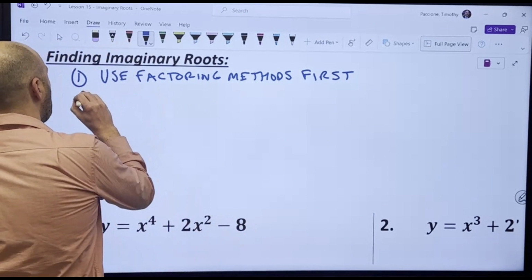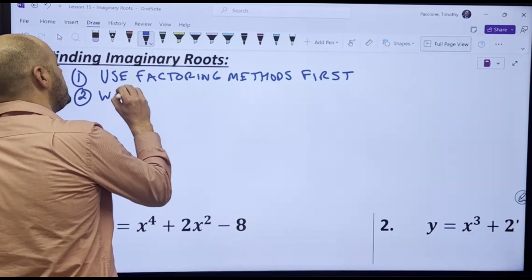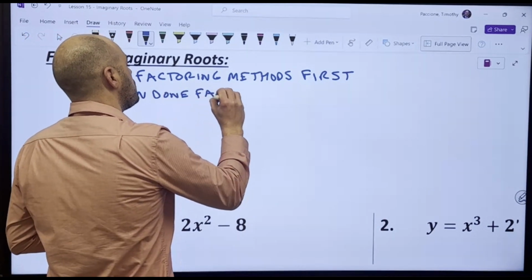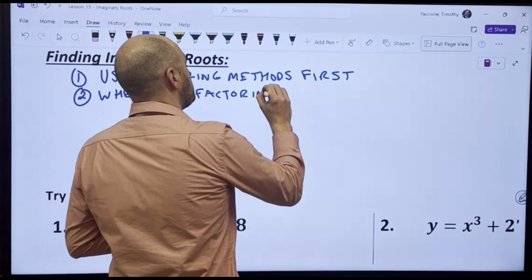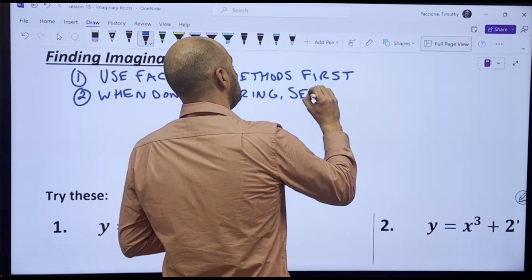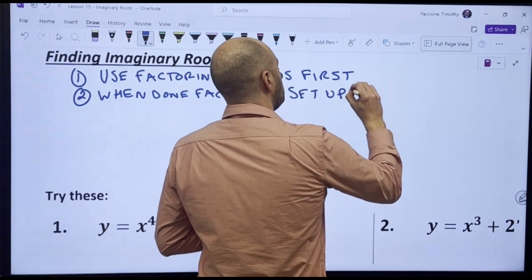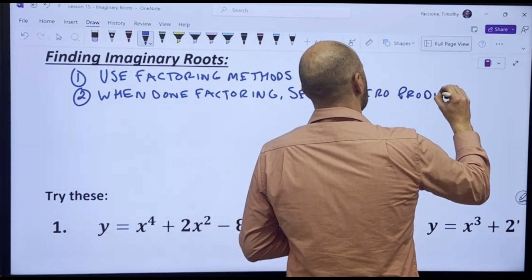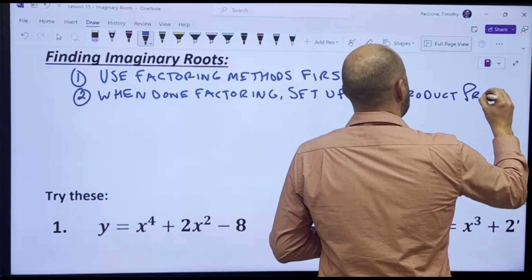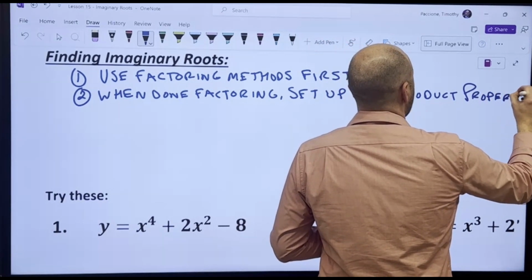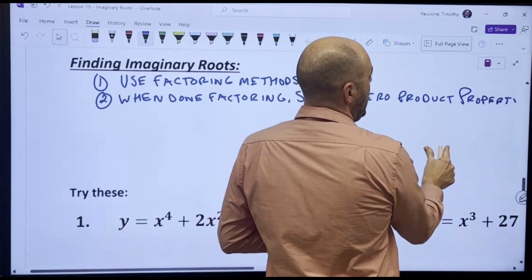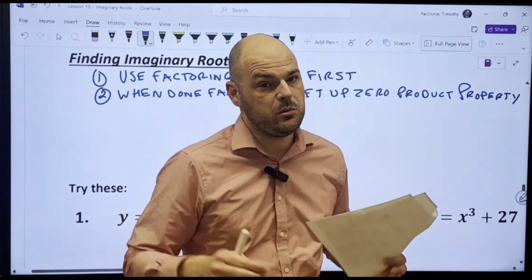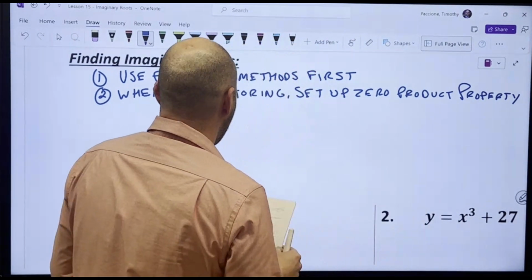And then when we can't factor anymore, we set up the zero product property. Set everything equal to 0 that is a factor, right? Even if we're not fully factored, even like if in our example we have a binomial and then a quadratic, we set them both equal to 0 because we've gone as far as we can with factoring.